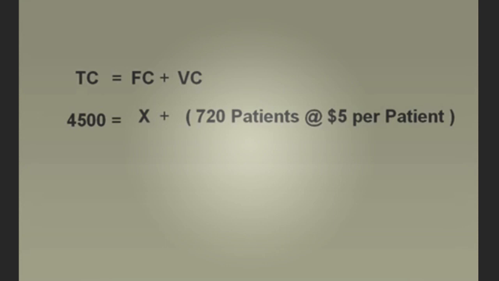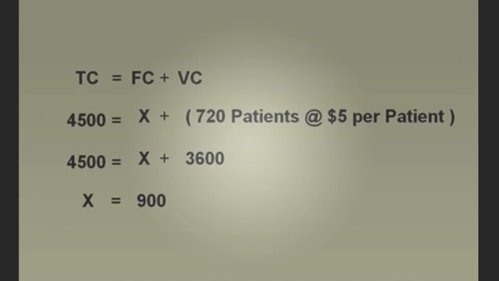At that level, it was 720 patients, and our variable cost was $5 per patient. So total cost of 4,500 is fixed cost, take as X, plus the variable cost, which is 3,600. Solve for X, 900. So the fixed cost for Laura is $900, and the variable cost is $5 per patient.